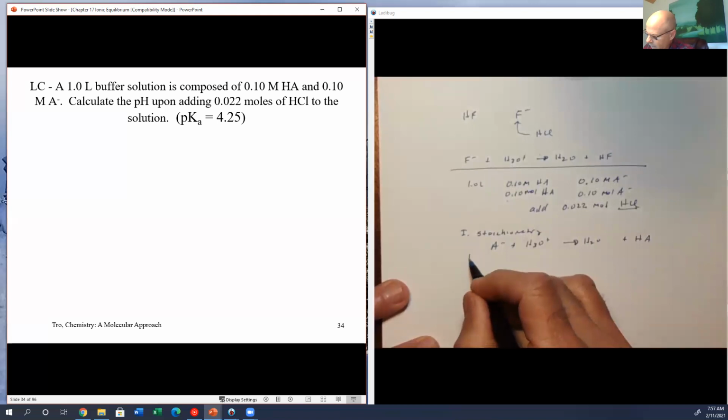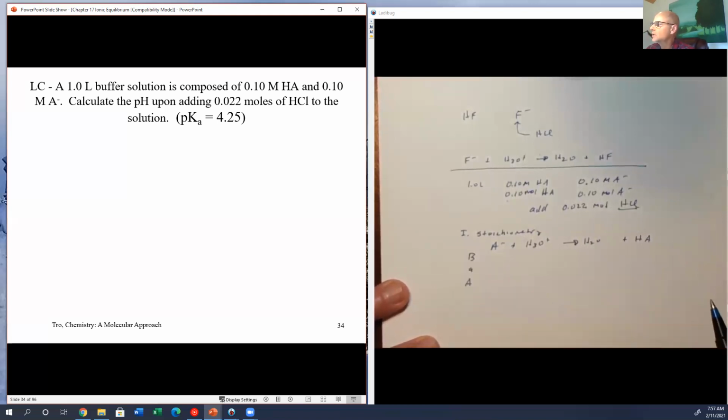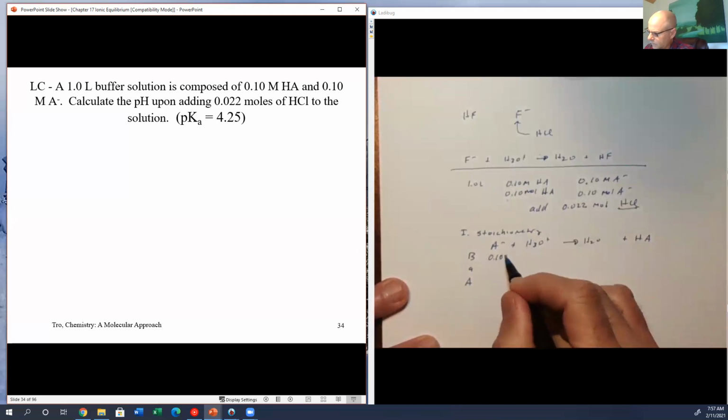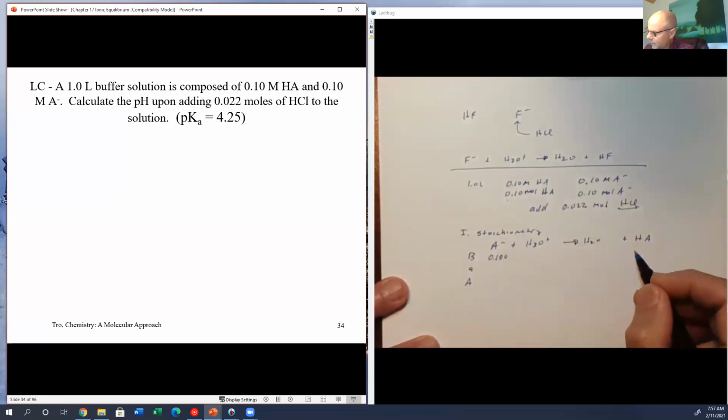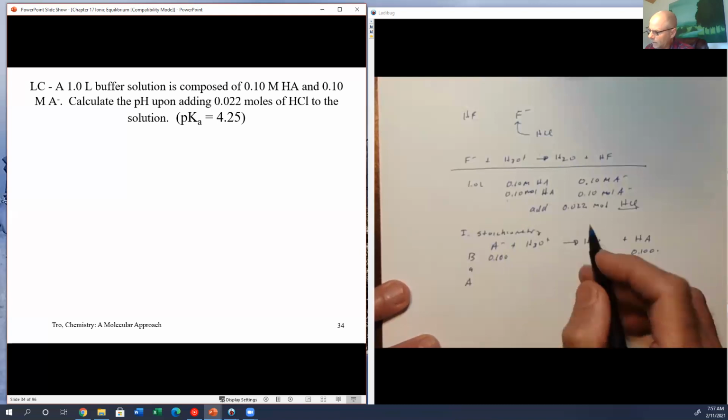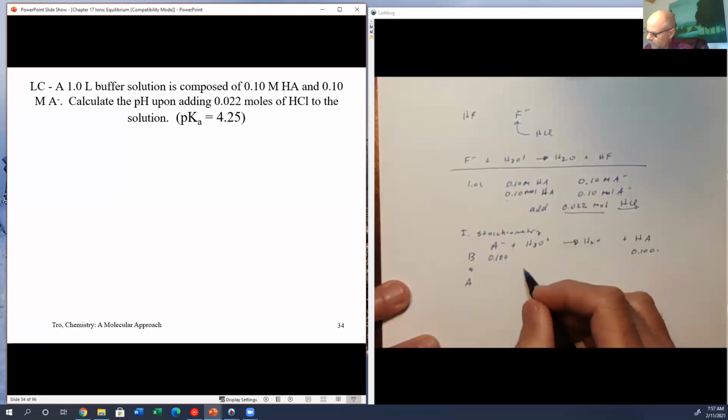And we're going to set up our BCA table: before addition, addition, and after addition. Before addition, we have 0.100 moles of A minus and 0.100 moles of HA. Then we're going to add 0.022 moles of H3O plus.